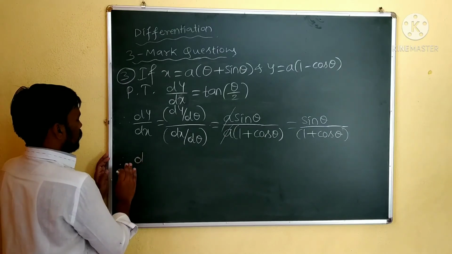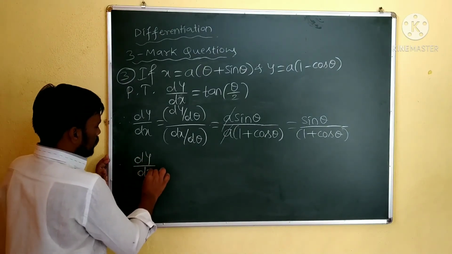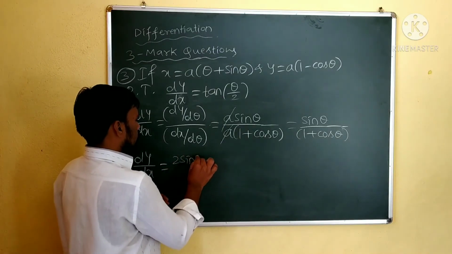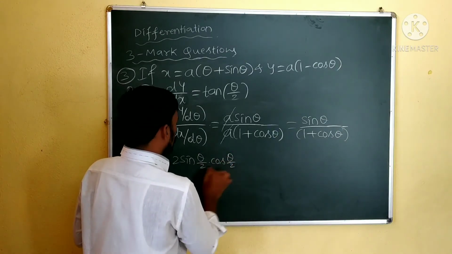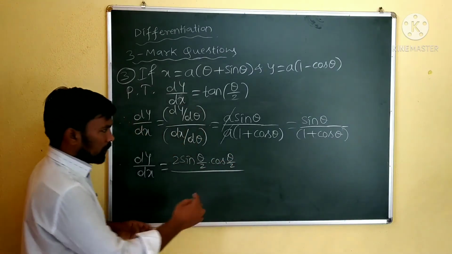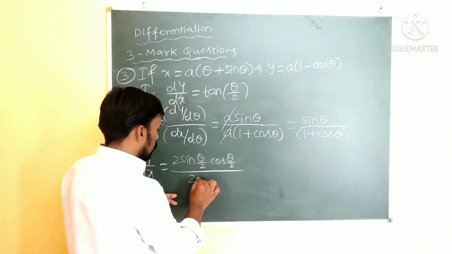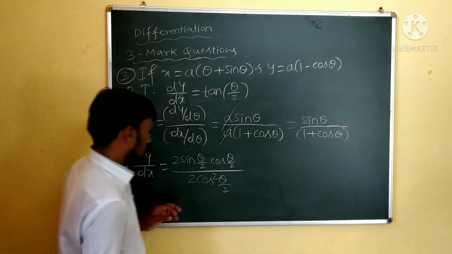Therefore, dy by dx is equal to sin theta, that is 2 into sin of theta by 2 into cos of theta by 2, divided by, again the same thing, use the half angle formula. In the denominator also, 1 plus cos theta is nothing but 2 into cos square theta by 2.